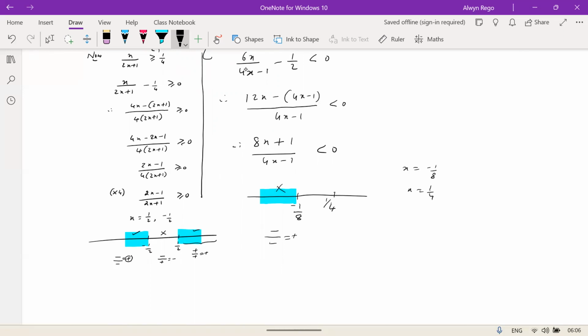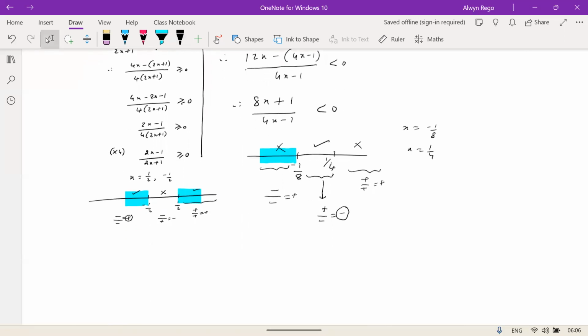If I take a value between these ones, let's say 0, then 0 plus 1 is positive, 0 minus 1 is negative, so I get a negative, and I want this one. And then if you take 100, you find that positive upon positive is positive, so I don't want this one. So the solutions here are between these ones.